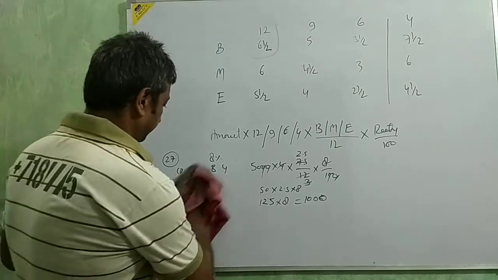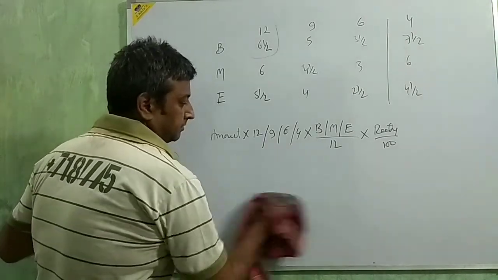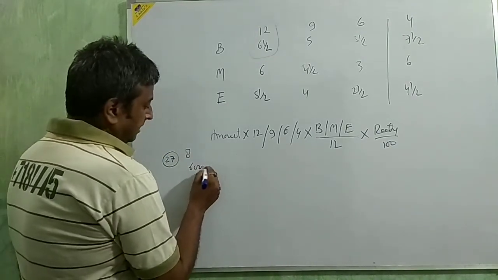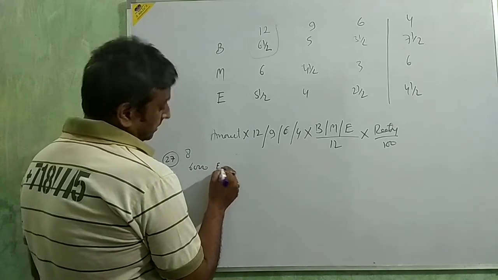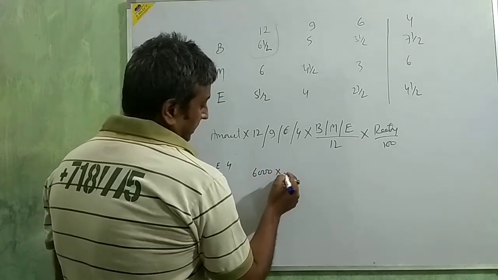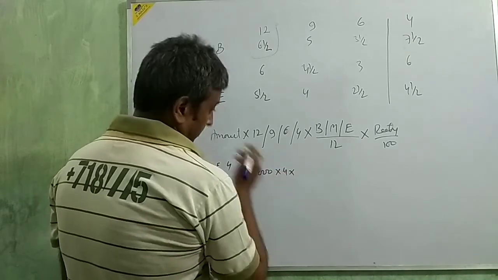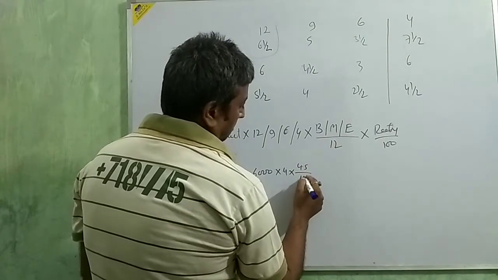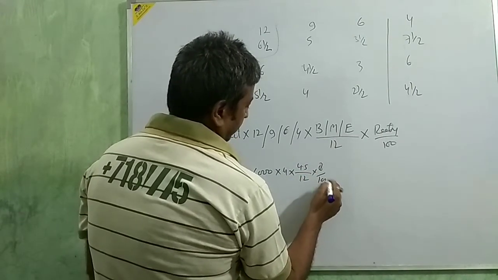Case 2. If he withdrew 6,000 at the end of each quarter. 6,000 into 4, and for the end it is 4.5 upon 12 into 8 upon 100.